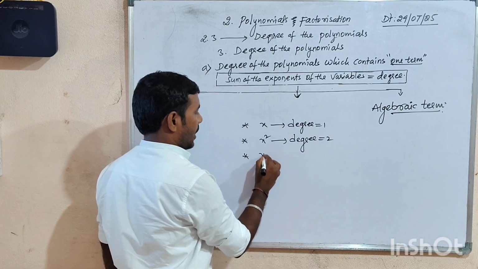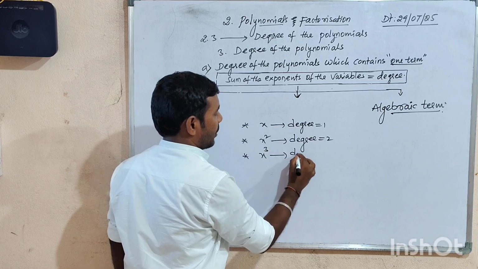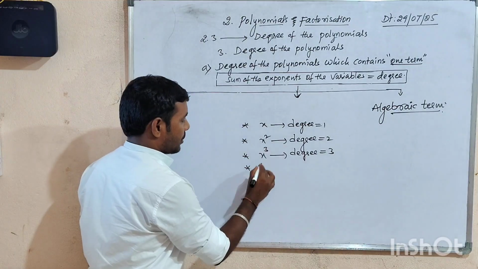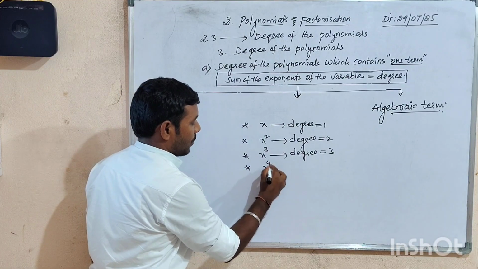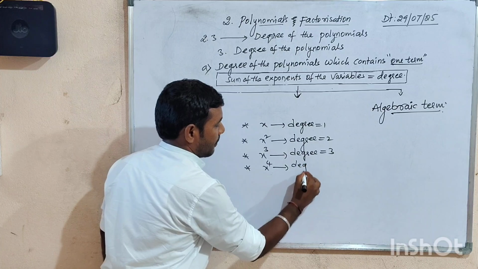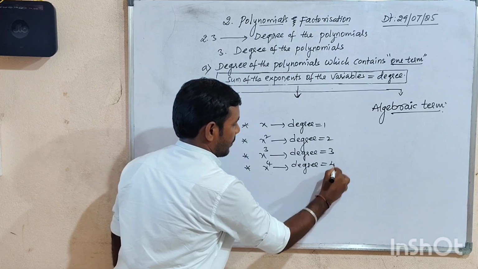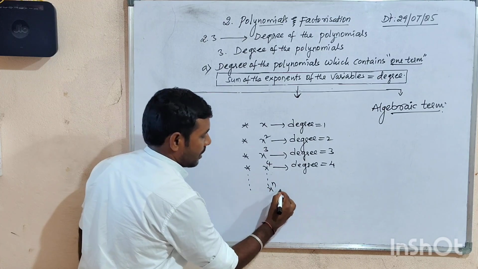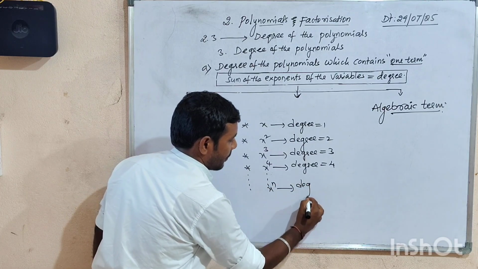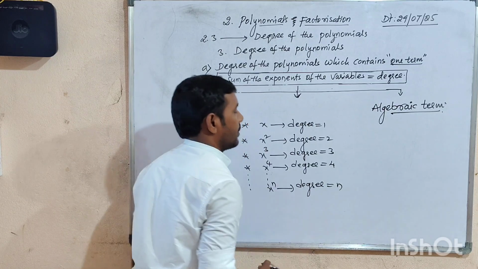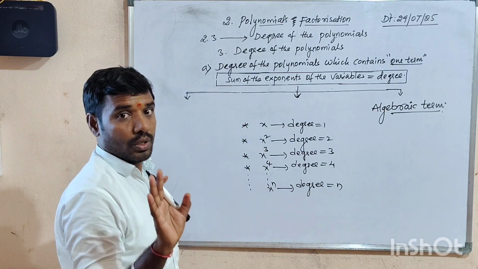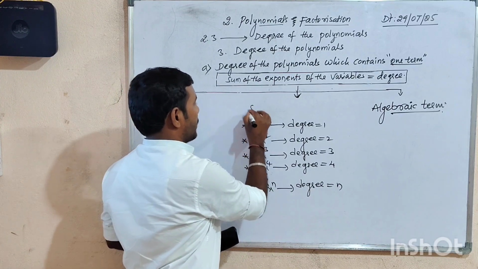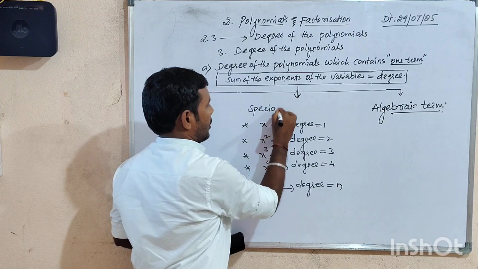Now let us see x power 3. Its degree is 3. Next let us go with x power 4. Its degree is 4. Similarly, if you are going with x power n, what about its degree? Its degree is n. Be attentive, carefully concentrate on the class. I told you, special things.